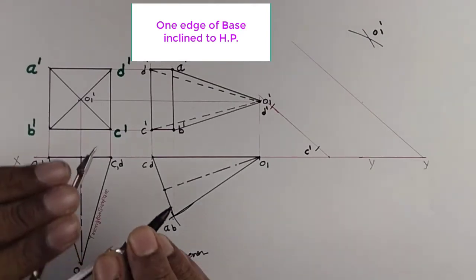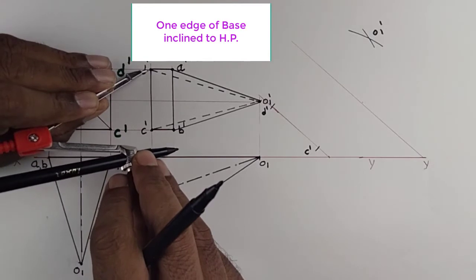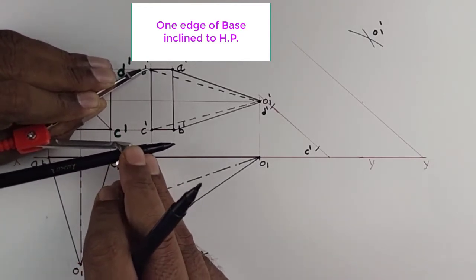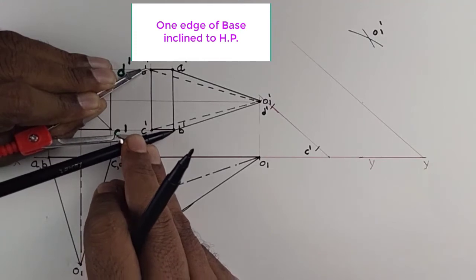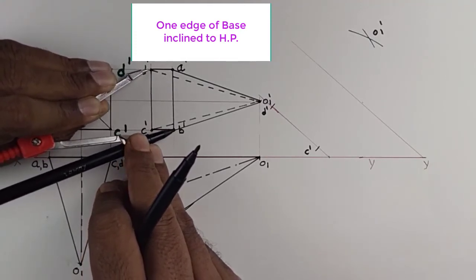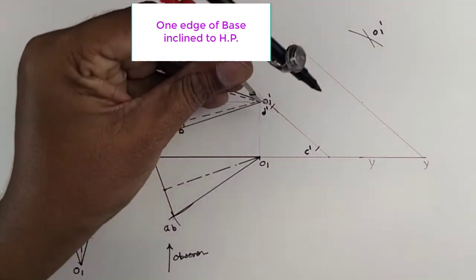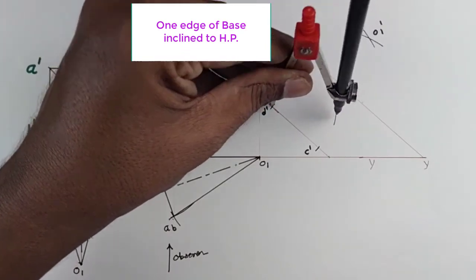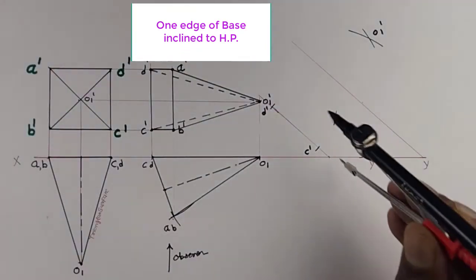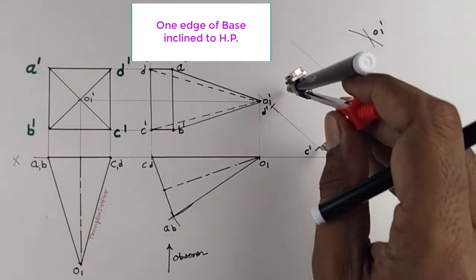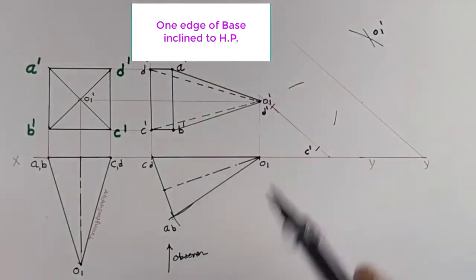Now what do I do? I go for the B points. Now rearrange your elevation. D dash to B dash is your radius, D dash center. You can do that. Same distance from C dash to A dash. I do that.